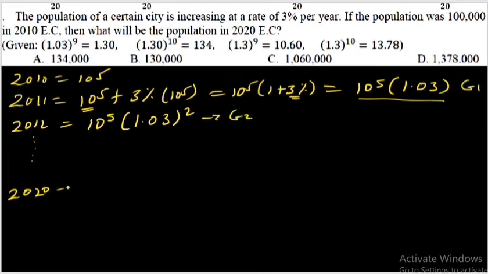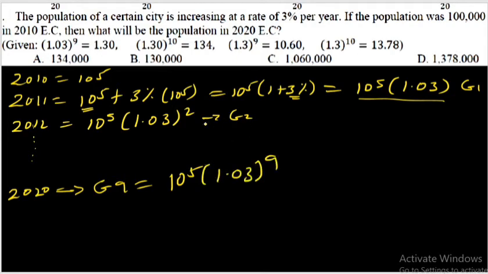But what's asked? 2020, and between 2020 and 2011 there are 10 terms, but the 2020 population is the same as end of 2019, so there are 9 terms. So this is G9, which will be 10 to the power of 5 times 1.03 the whole to the power of 9.